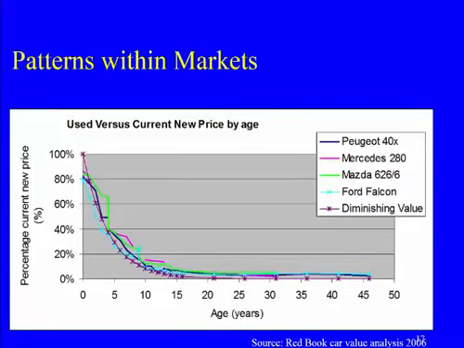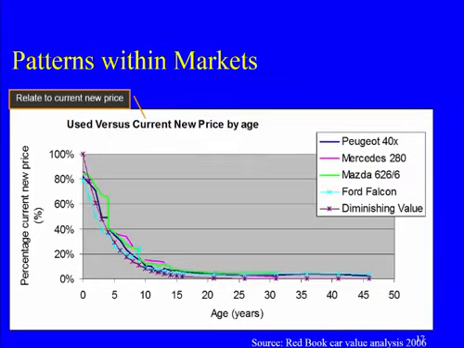What we can see when we look at this graph is that overall it does tend to follow the general pattern predicted by the diminishing value mathematics, at least conforming more or less to the curve. And so we see that yes, diminishing value does work for motor cars. You will notice that our graph is constructed as used prices versus current new price, in conformity with what we discussed in the previous slide.